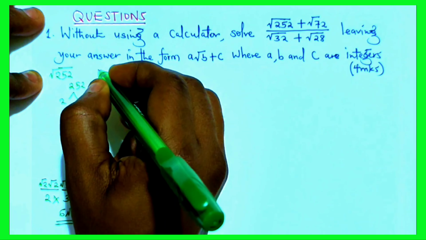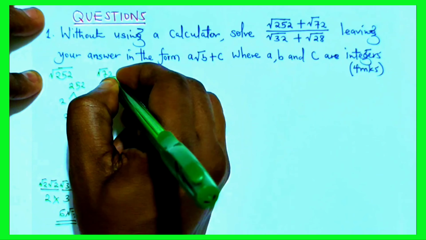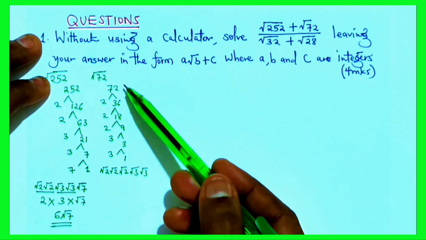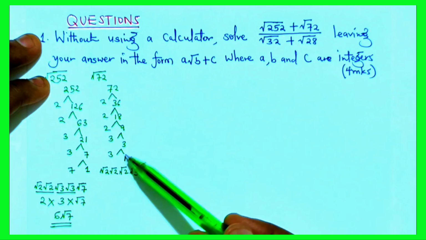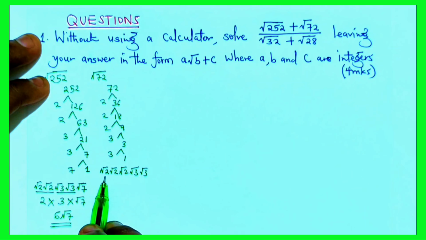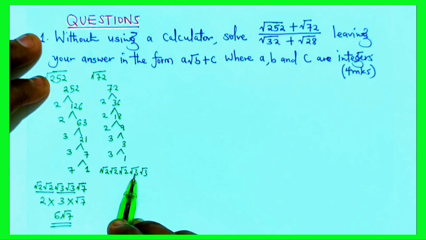The second number is root 72. The prime factorization of 72 gives root 2 multiplied by root 2 multiplied by root 2, and then multiplied by root 3 and root 3.